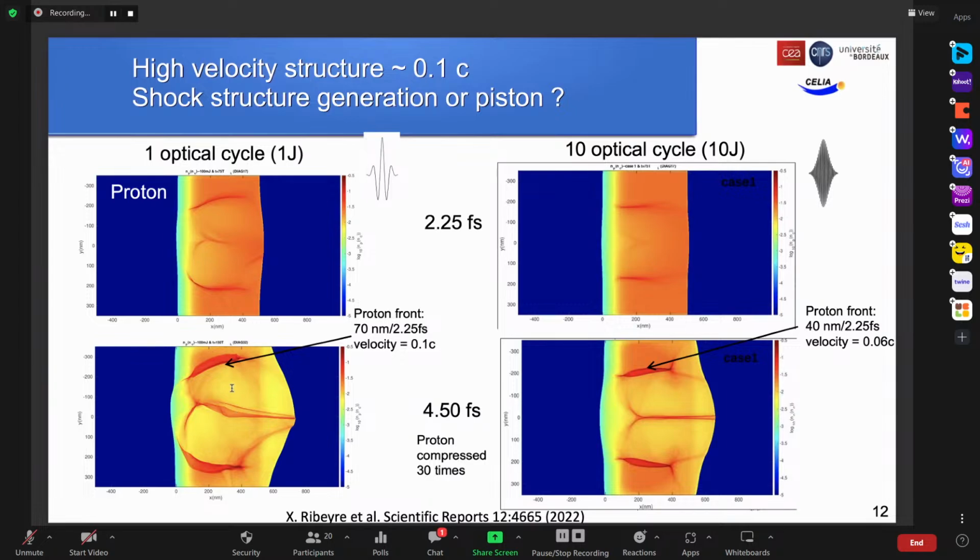This is a very strong kick, so it will create a strong transverse acceleration of electrons and then of the ions. And there is strong heating, also strong acceleration of the electrons in the longitudinal direction, and there will be a strong field accelerating the ions.